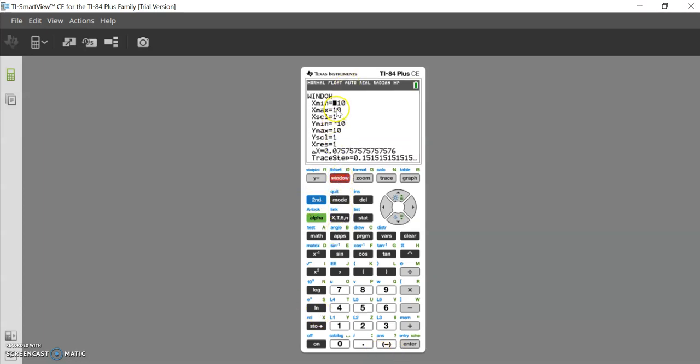I would always start with this window. Pause the video here if you need to. Negative 10, 10, 1. Negative 10, 10, 1. Go ahead and hit graph. What did I do? Syntax error. If this happens to you, that just means that you typed something in wrong. Let's go back to y equals. My subtraction sign needs to be a negative. If I switch that, now it should be good to go.